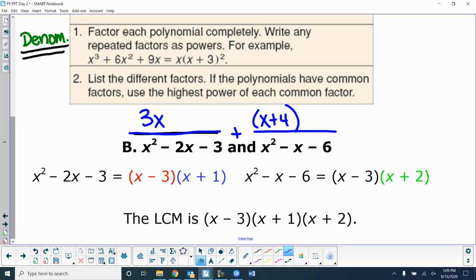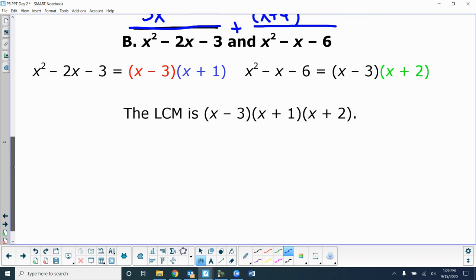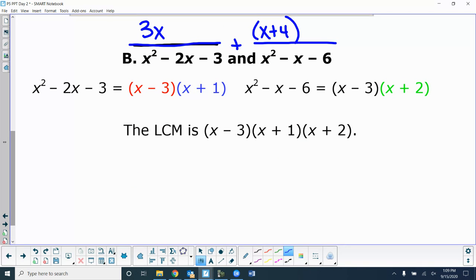Okay? So here's what you do to finish this problem up. All right, so there's our problem. We're going to rewrite the two fractions with our common denominator so I can add them.